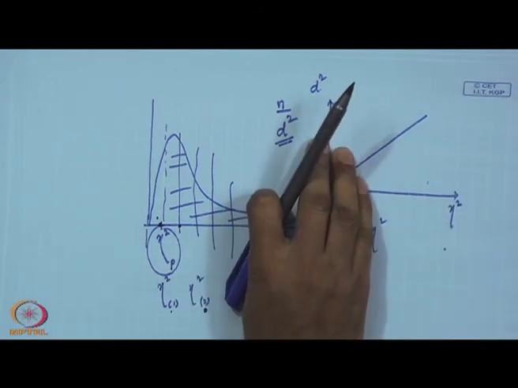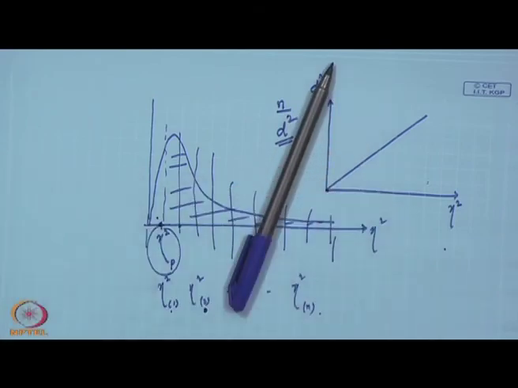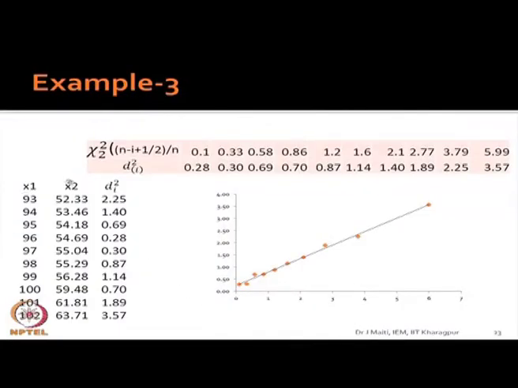Now, see the problem given here. This is my data set, bivariate case. We have considered 10 points, 1 to 10, and this is my first observation, 93, 52.33. My second observation is 94, 53.46, like this.